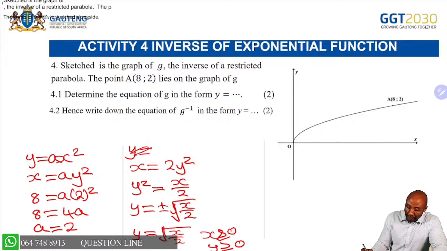Now we are supposed to write down the equation of the inverse function in the form y equals. So remember, we are able to do that one. We already have our inverse function, which means the inverse is going to be the original function that we start with.